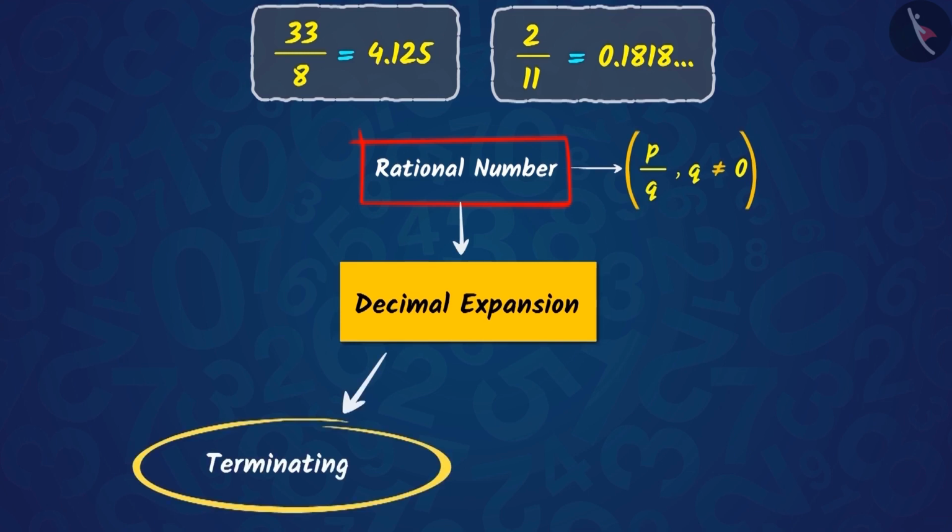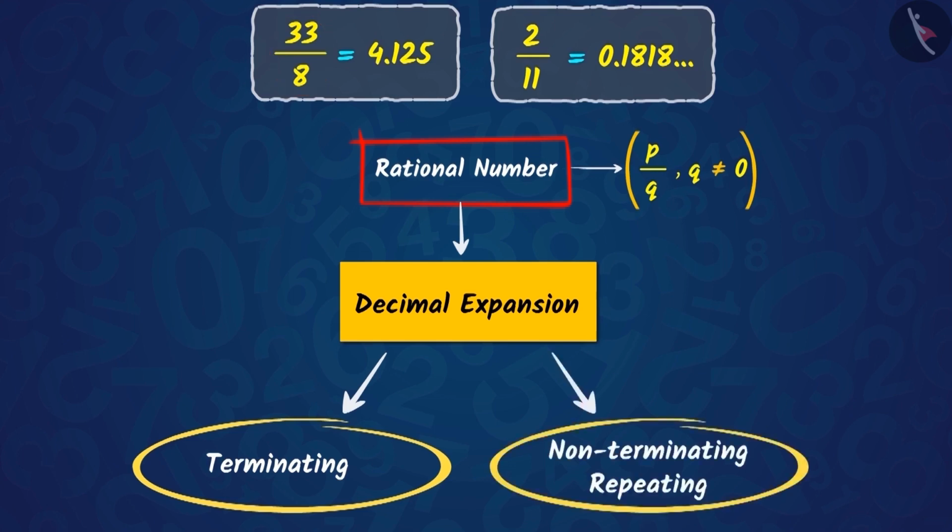The decimal expansion of 33 upon 8 is terminating. Or non-terminating, that is repeating, like here, the decimal expansion of 2 upon 11 is repeated and non-terminating.